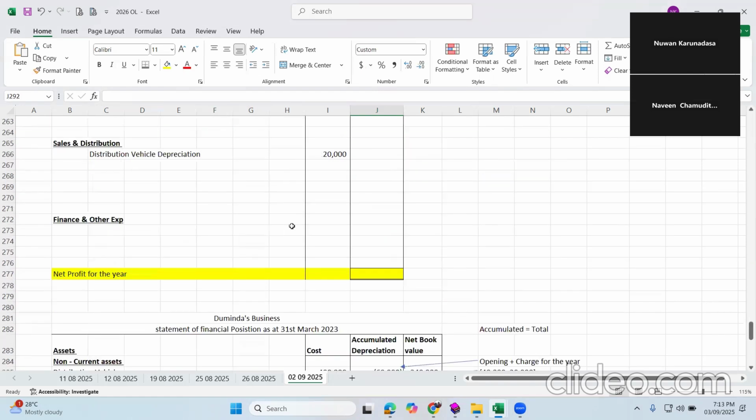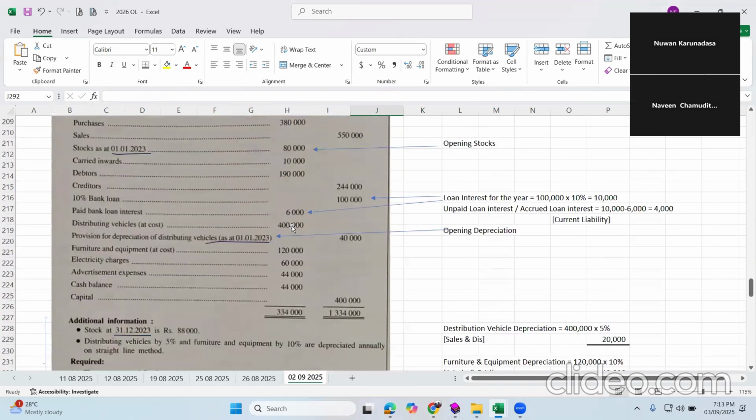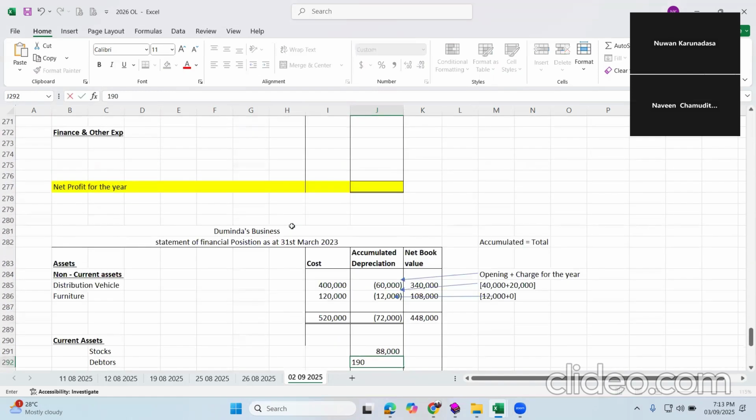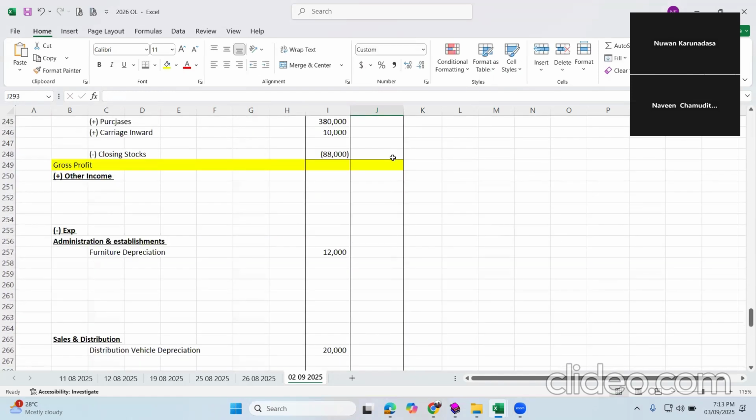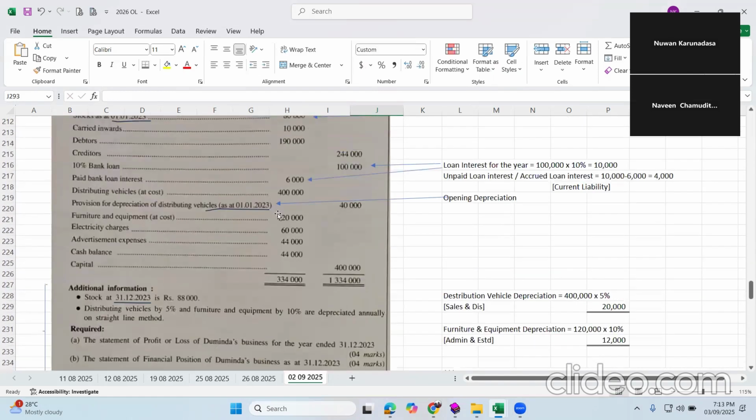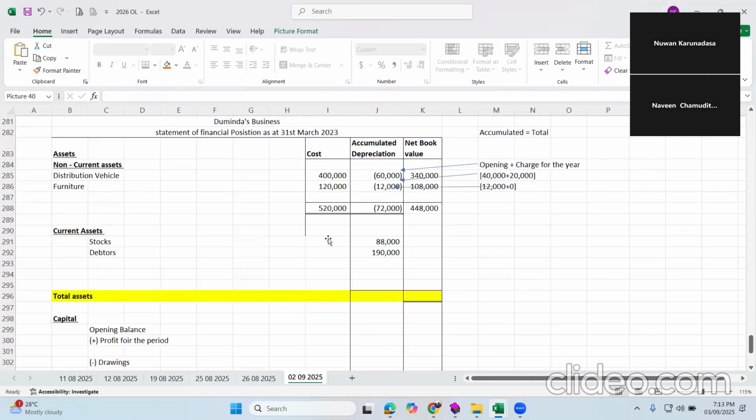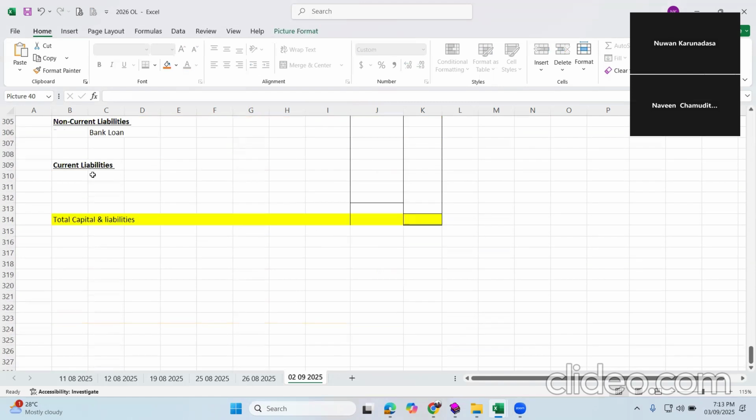Debtors, how much is the value? 190,000. Debtors 190,000. Then creditors 244,000, a current liability. Creditors, it's a liability.